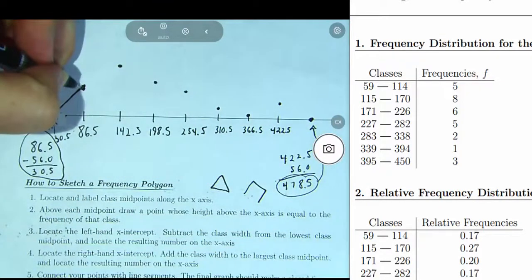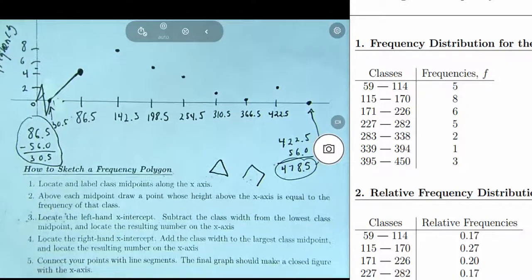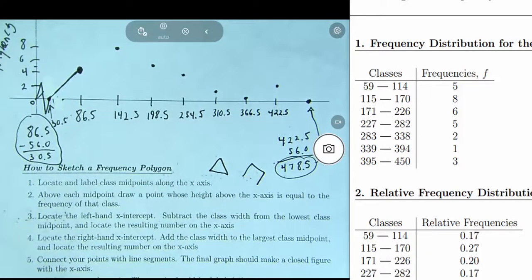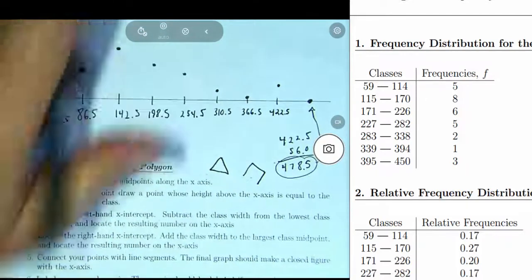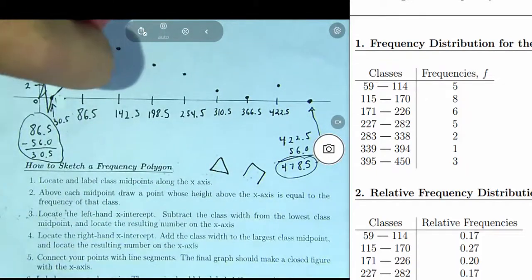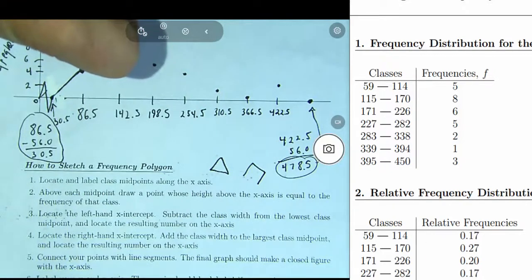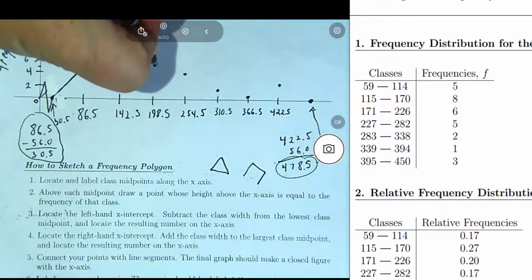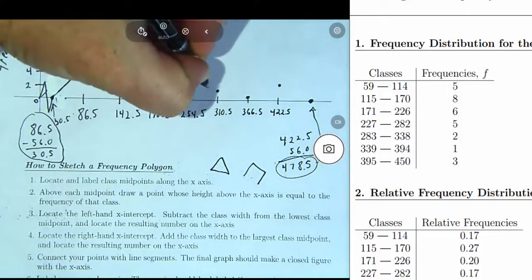Now just go back in there and do step 5. Connect your points with line segments. The final graph needs to make a closed geometric figure with the x-axis for it to be a polygon. So we've accomplished that since we've got our intercepts, one on the left and one on the right.